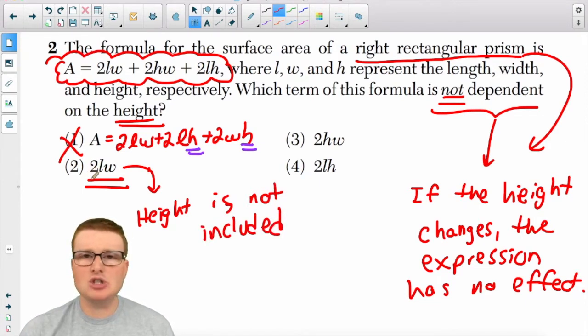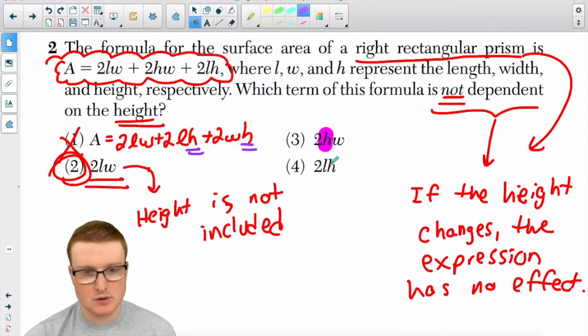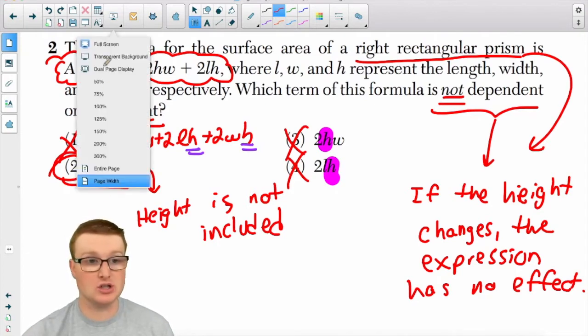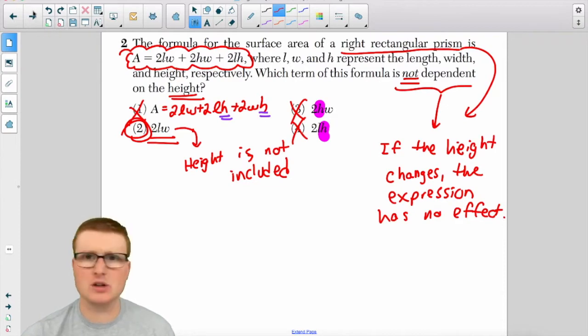So even if you change the height, this answer doesn't change. So that's your answer. Choices 3 and 4, look at this. The height is right there. So if you change the height, you're changing the numerical value of that expression. So that's why those are incorrect. You're looking for the one that essentially does not have an H in it. Your answer is choice 2. I found that to be quite interesting because they never tested that before on the Regents exam.